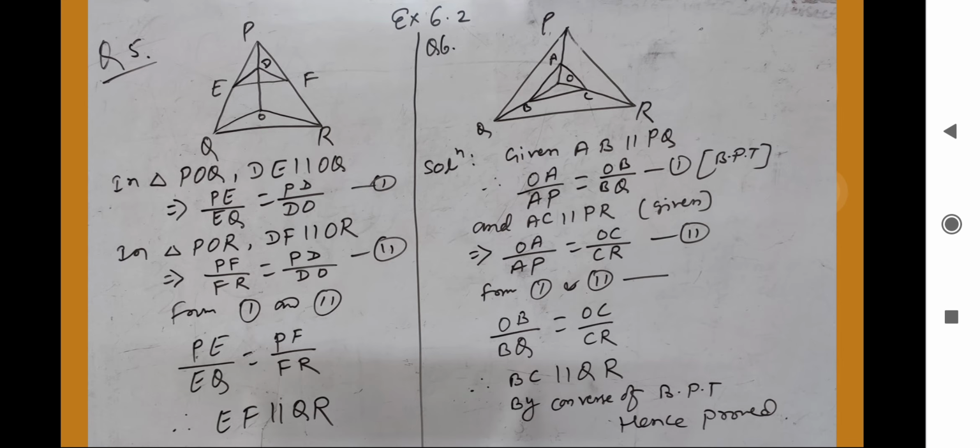Now another question, question number 6 from this exercise 6.2. In triangle PQR, it is given AB is parallel to PQ. It is very clear in the figure, AB is inside the triangle PQR.